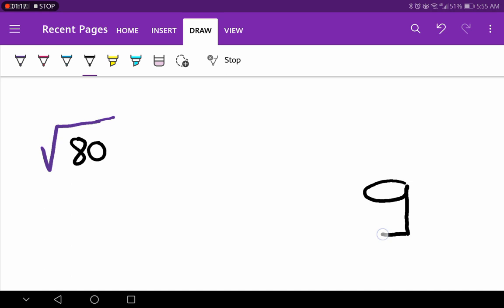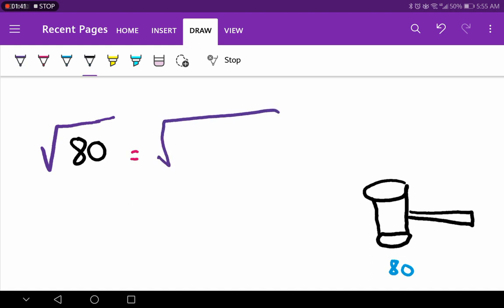I will call my hammer. Why? Because I will hit or break this 80. To rewrite any radical number, you need to call your hammer and break the 80.